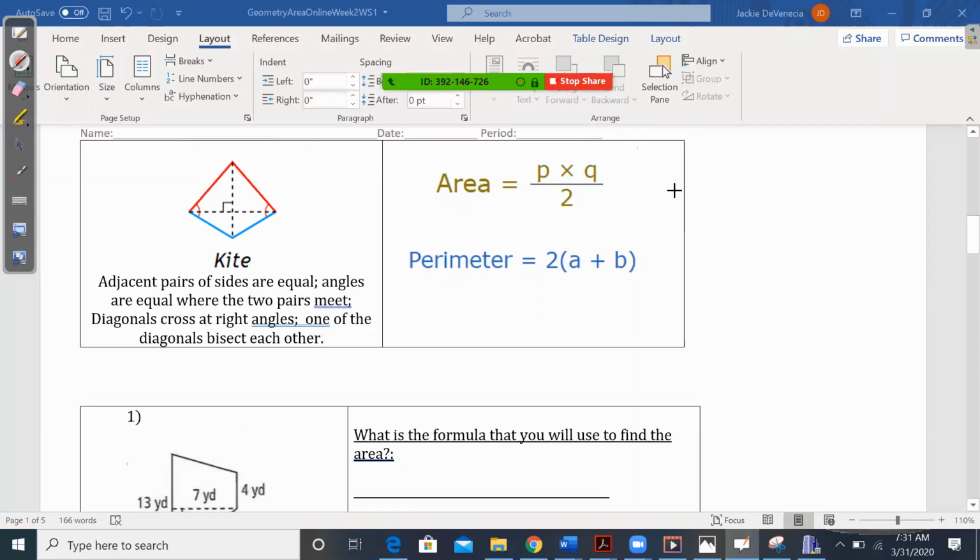And to find the area, it's going to be the same idea. You're using 1/2, and you're multiplying this diagonal with this diagonal, so diagonal 1 times diagonal 2.